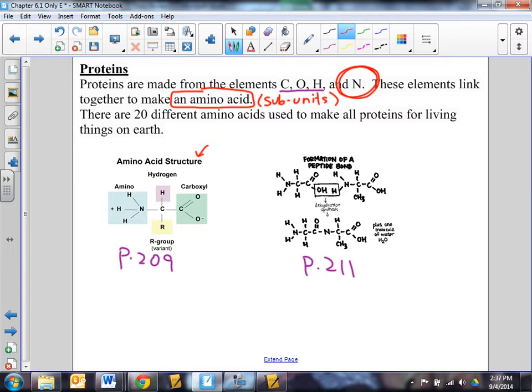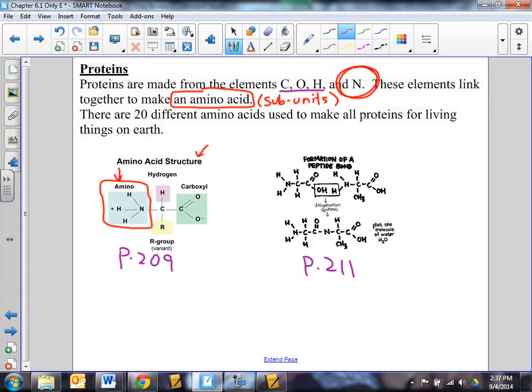Now if we look at the amino acid structure down here, what I'd like for you to notice very specifically is this side right here. That's the amino side. Amino is referring to the nitrogen that is there. And so if I were to ask you to identify from a picture an amino acid, I would probably show you a diagram like this.